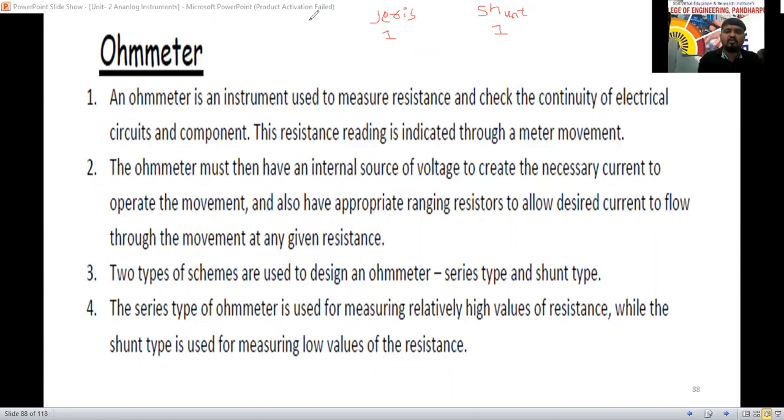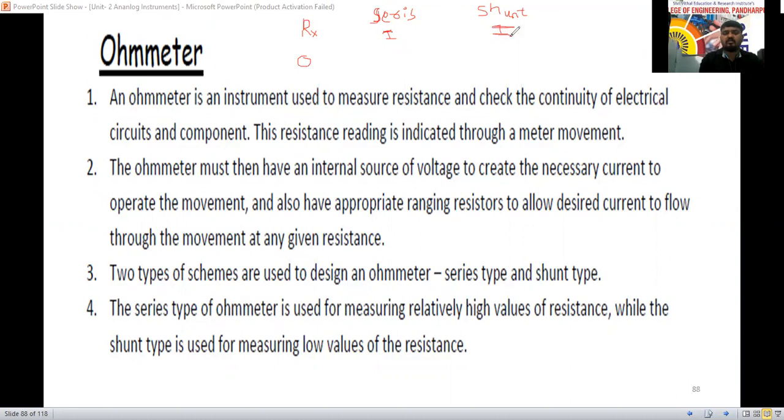Here the unknown resistance, that is called Rx, I am going to write. If Rx equals 0, then what is the value on the scale? It may be full scale deflection or 0, for the series and shunt. In the last class I showed that in the table.